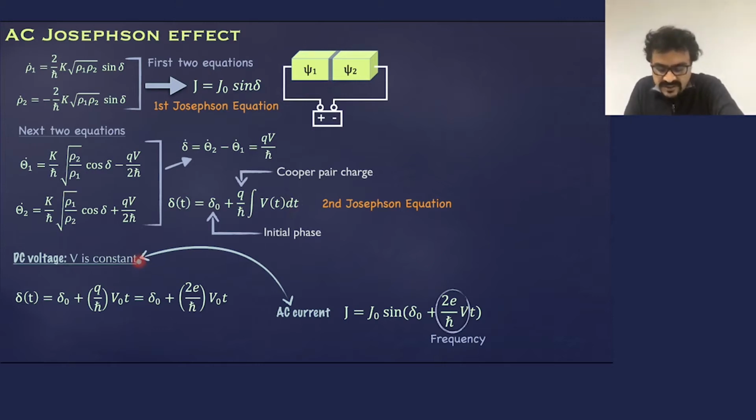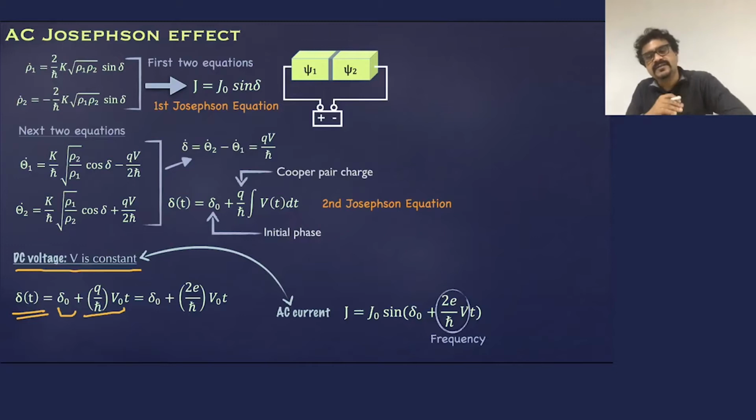So for a constant DC voltage, just like we mentioned now, delta of t is given by delta 0, this is the initial phase, plus q by h bar V0, that is the constant voltage applied, times the time. Okay, so the phase difference, that is delta, is a function of time when you have voltage applied. When you have constant voltage, it is going to vary linearly with time.